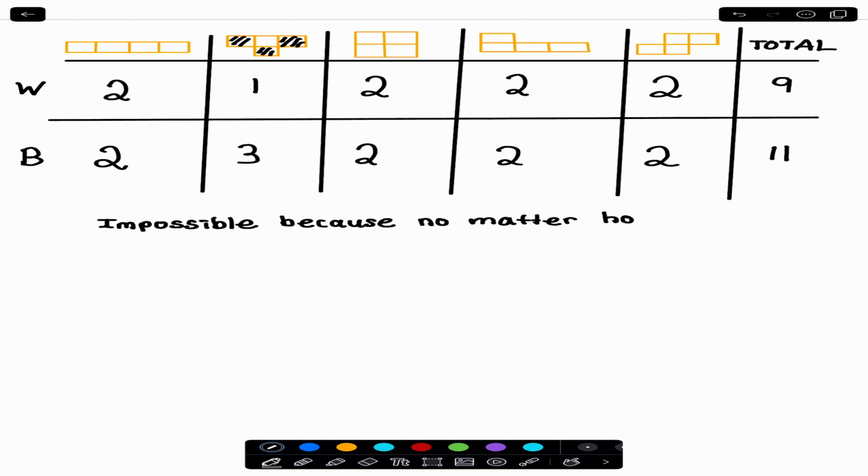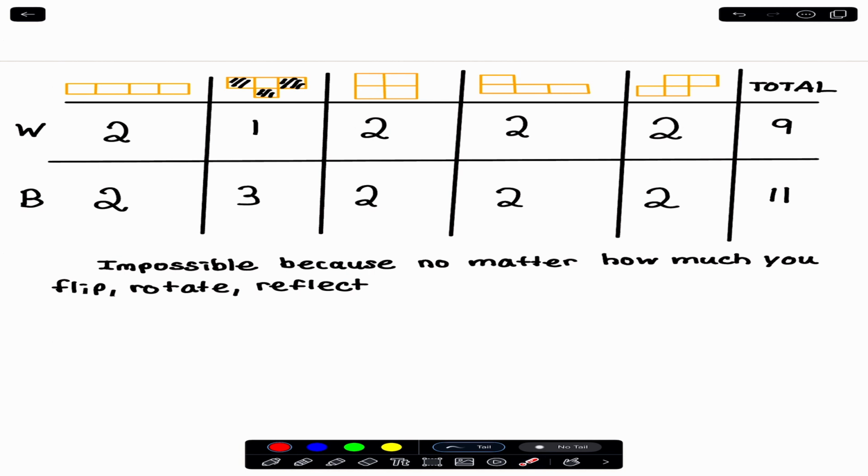No matter how much we flip, rotate, or reflect these 5 tetraminos, no matter what we do with them, we can turn them around, rotate them, reflect them, it doesn't make a difference.